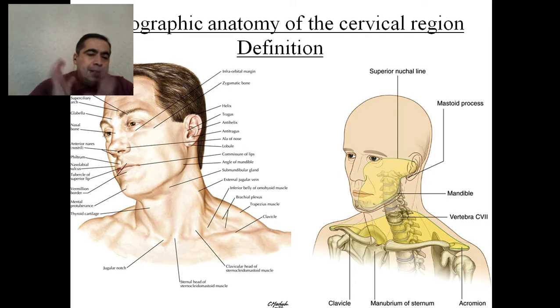It can be enlarged in size. Then the submandibular gland, which is located in the triangle of the same name, and the projection of the thyroid cartilage, and the mental protuberance, where the imaginary line for separation of the head from the neck begins.